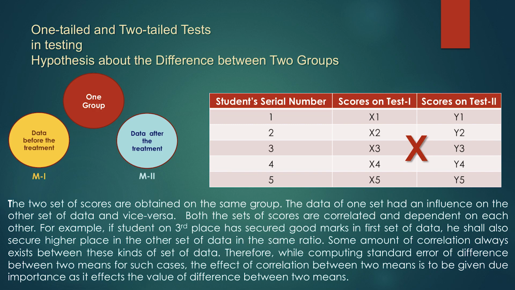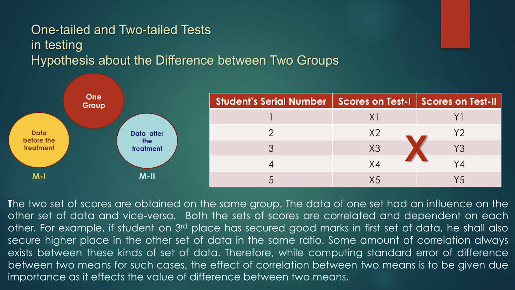For example, if the student in third place has secured good marks in the first set of data, he shall also secure a higher place in the other set of data in the same ratio.